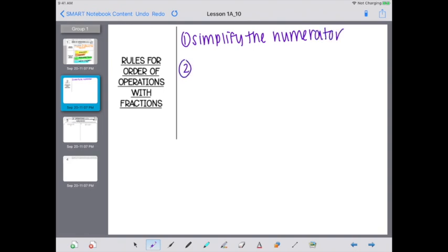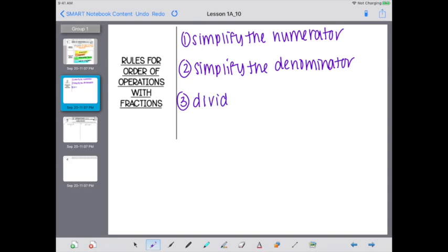Step 2, you want to simplify the denominator. And the last step, you want to make sure you're dividing and simplify. Always simplify your fractions.